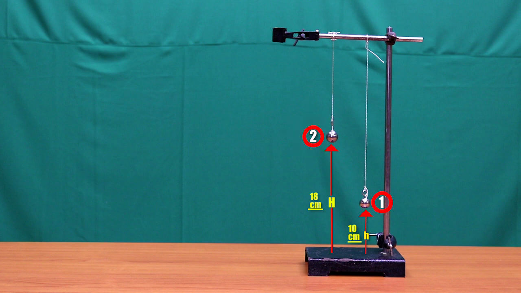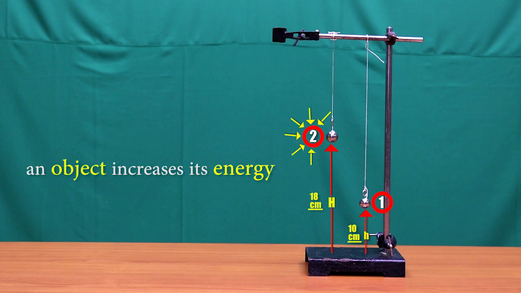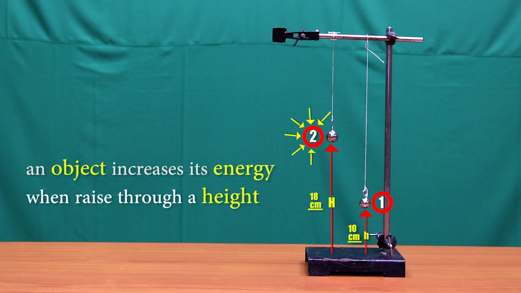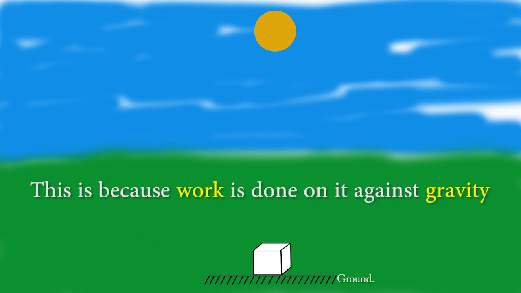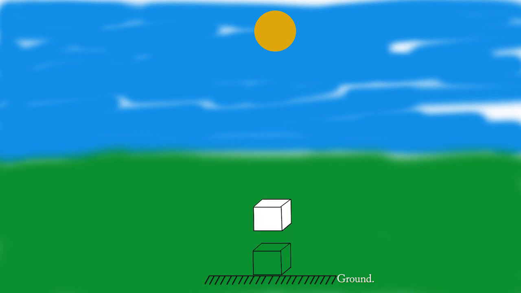Since bob number 2 is at a greater height than bob number 1, and since an object increases its energy when raised through a height. This is because work is done on it against gravity while it is being raised.